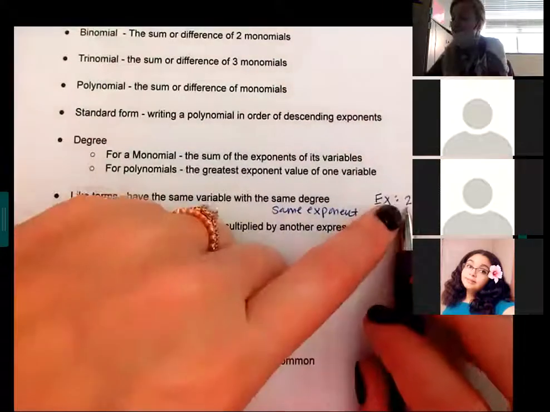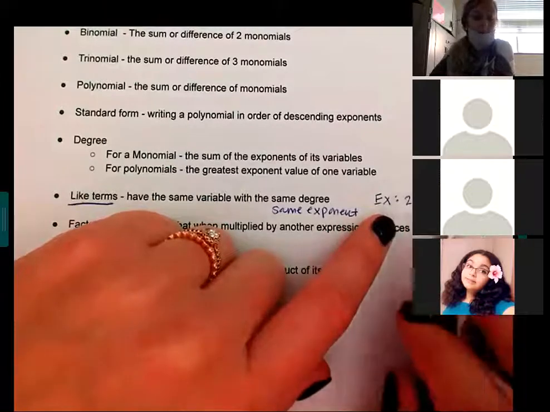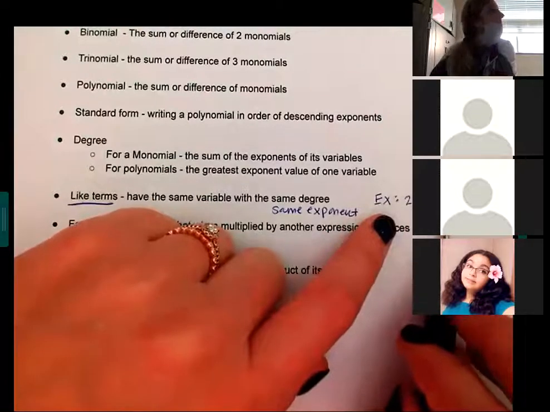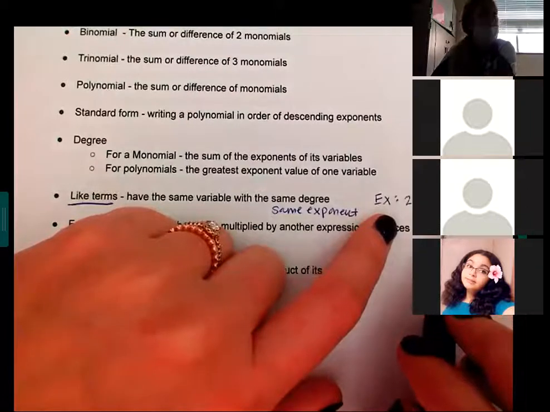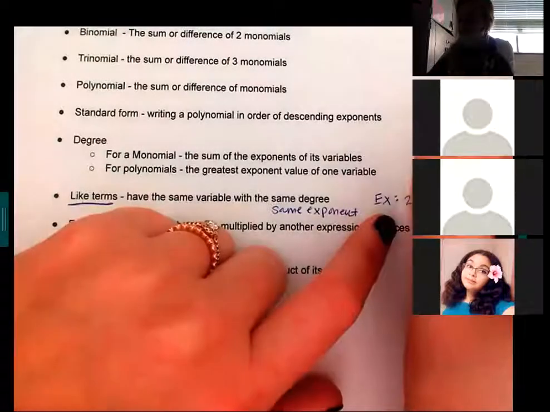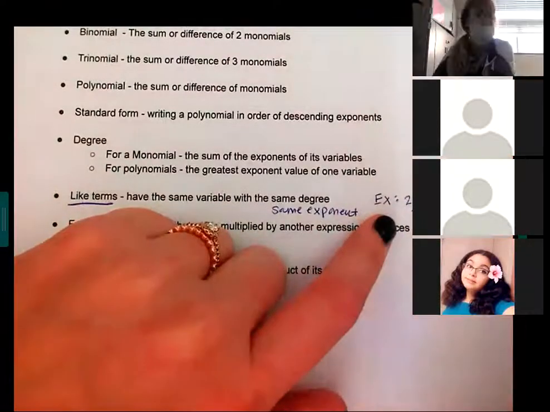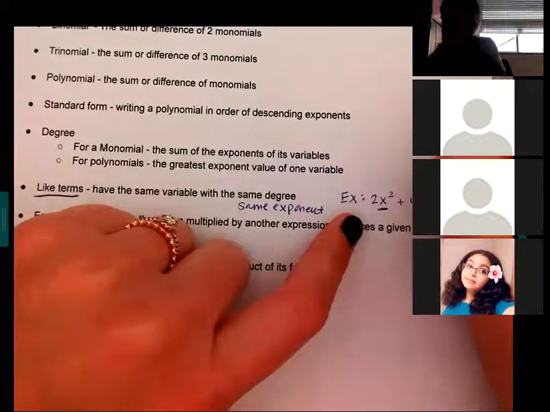If you have 2x squared and 4x squared, did y'all learn how to add those in middle school? 6x squared, boom, that's what we're doing today. I'm just going to make it harder, because that is a middle school topic. But those two right there, they are like terms. Sound good?